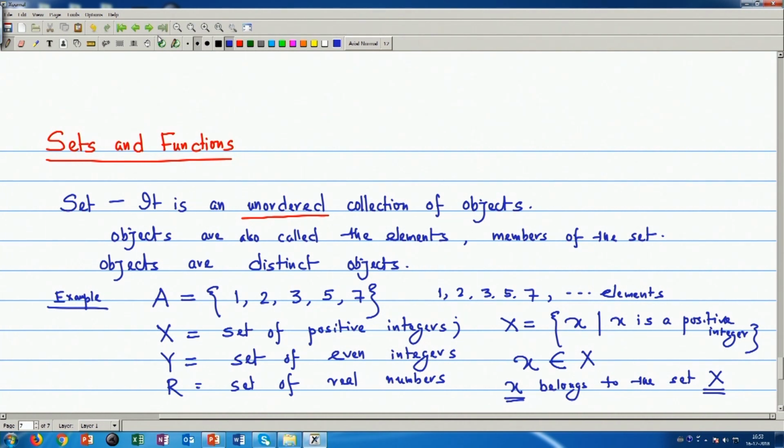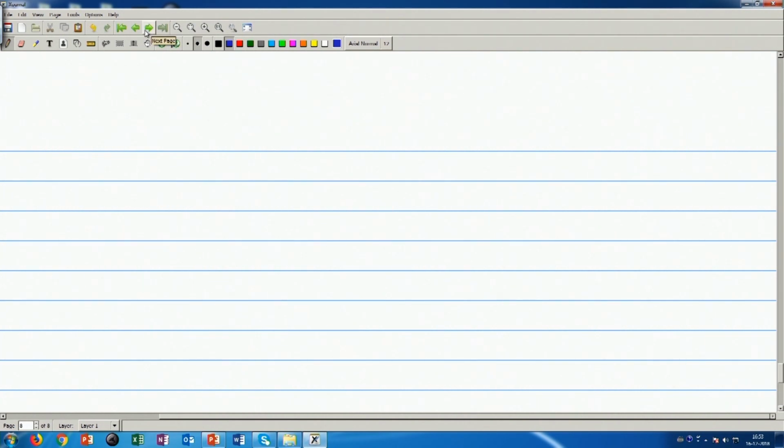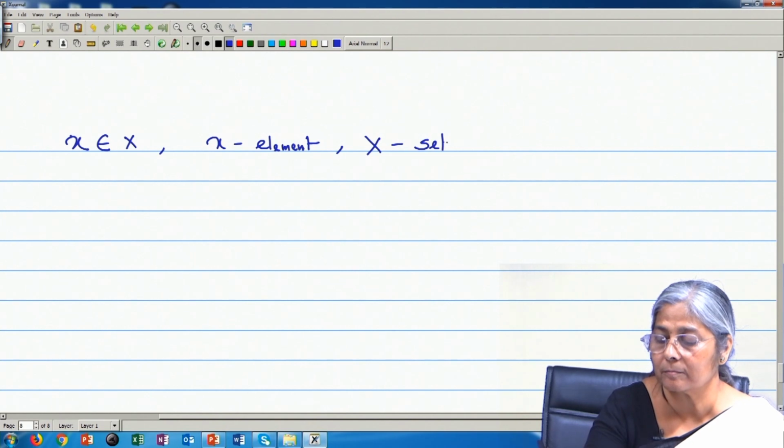So, we write x belongs to X. Here x is the element and capital X is the set.